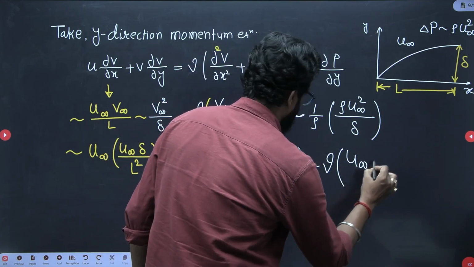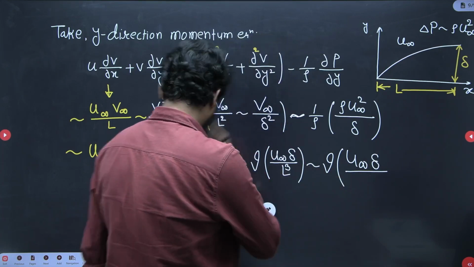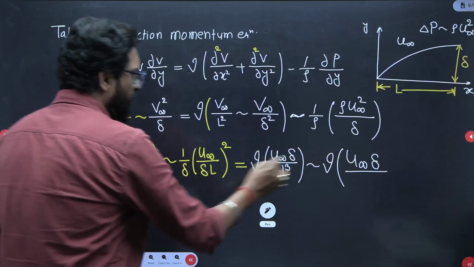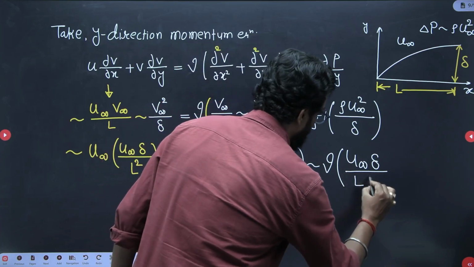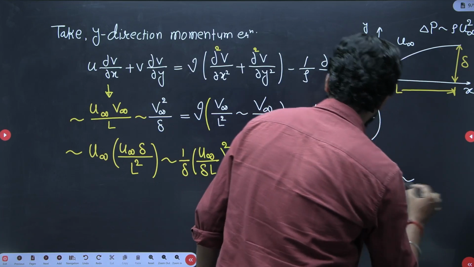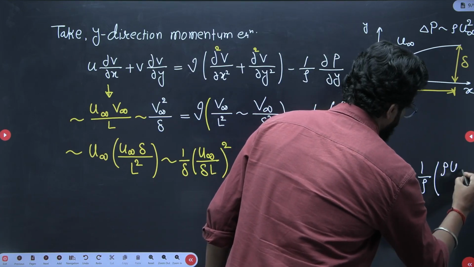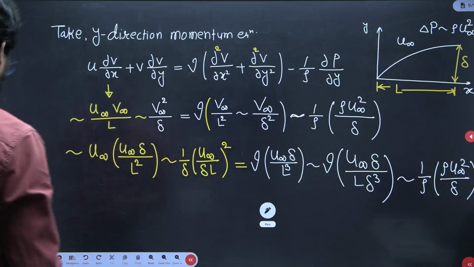U infinite delta by L, delta cube. Okay, what is this order of magnitude? Same, 1 by rho u infinite square by delta. Yes or not? These are the order of magnitude of all these terms.